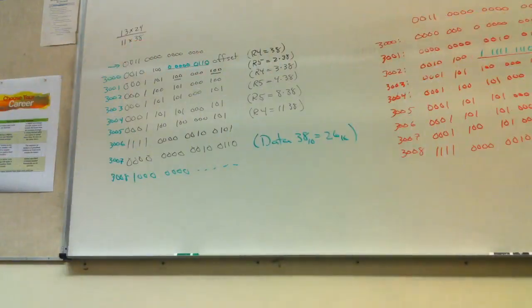If you notice here on the instruction set, there are 1, 2, 3, 4, 5, 6, 7, 8, 9 of the instructions that have a little plus sign on them.